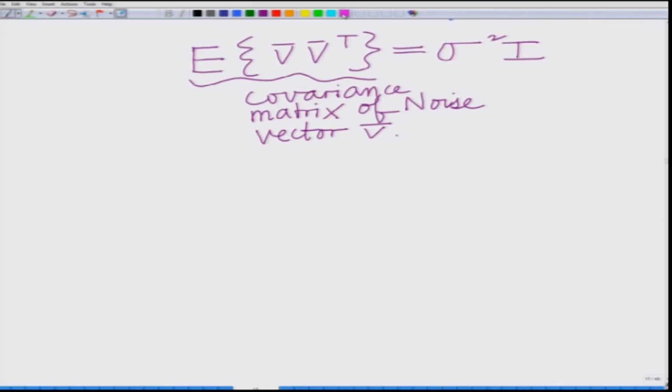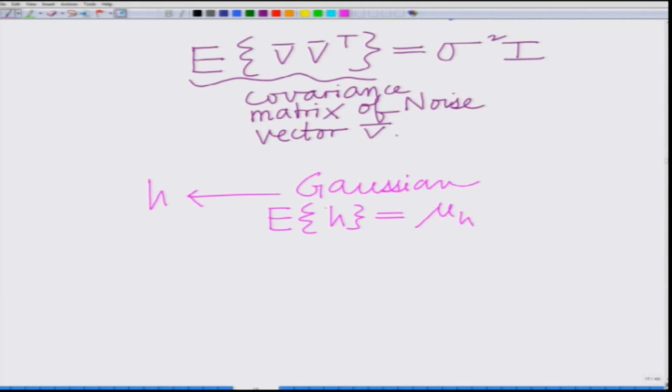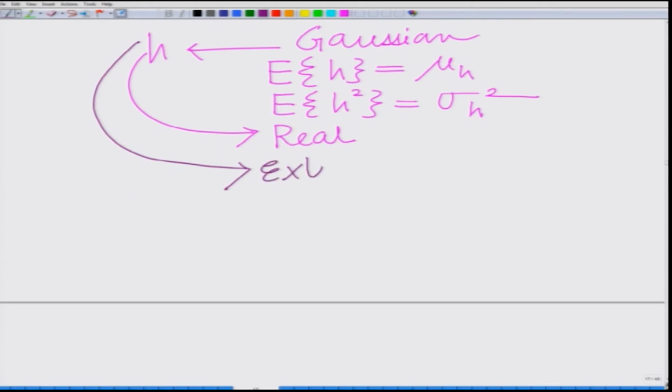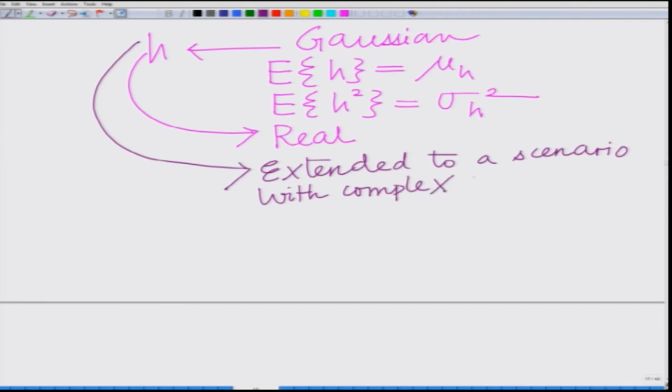Our assumption here is that this channel coefficient h is Gaussian with mean, expected value of h equal to mu h, and variance, expected value of h square, equal to sigma h square.